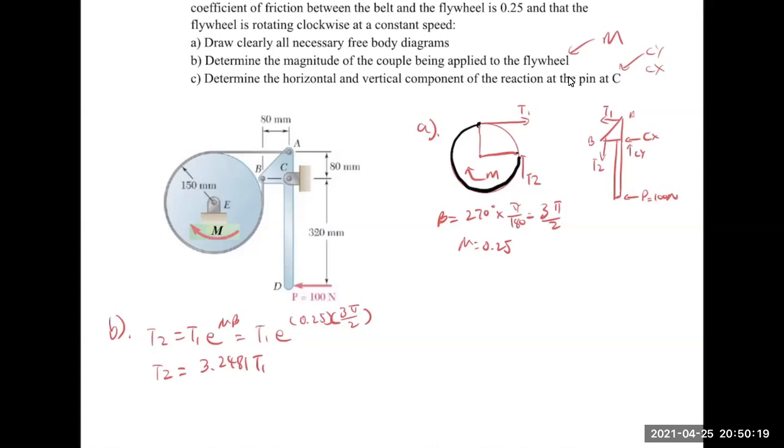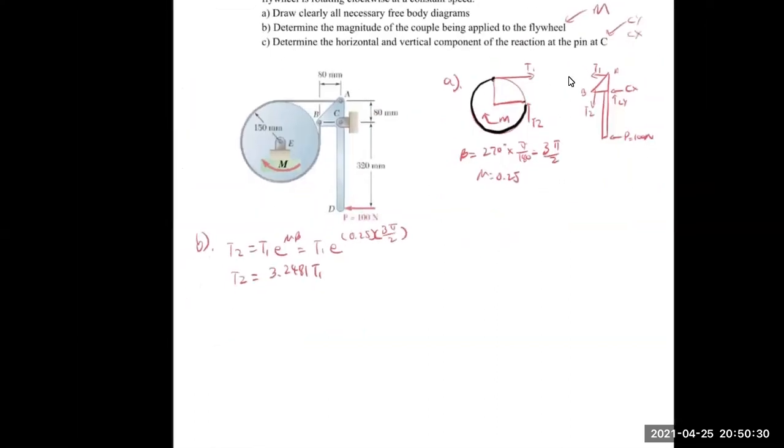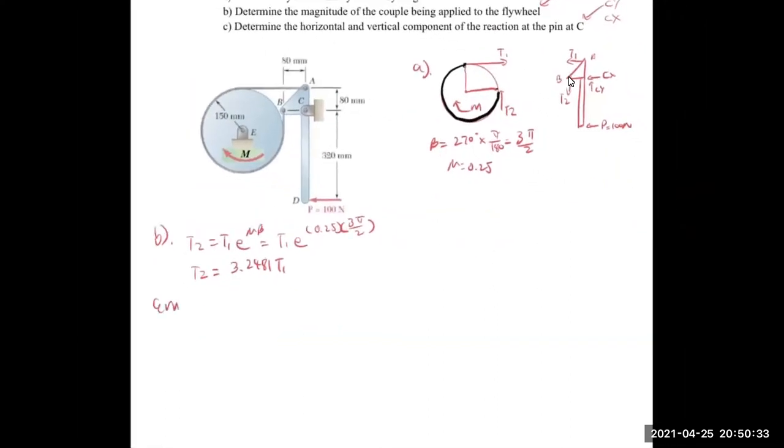So what we can do at this point is consider this free body diagram right here, to see if we can find out what T1 is, or what T2 is. Let's take a moment about point C. Consider counterclockwise as positive. So T1 is going counterclockwise. The distance is 80 millimeters, which will be 0.08.